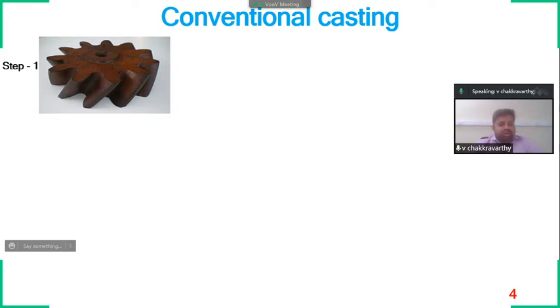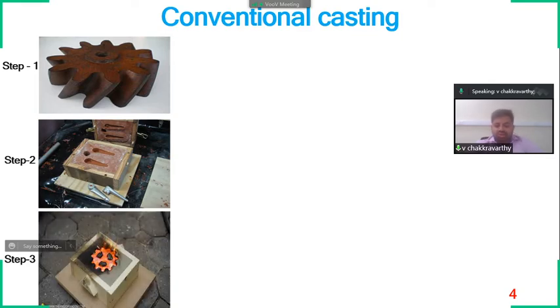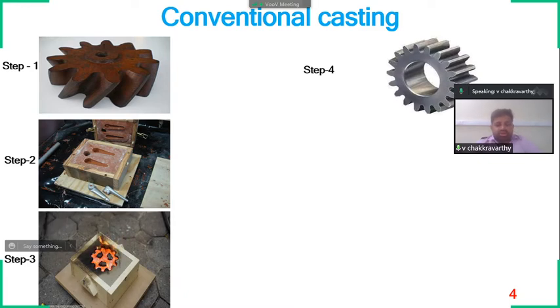While preparing the pattern, we consider many allowances into practice, such as taper allowance, distortion allowance, machining allowance, draft allowance, and shrinkage allowance. Considering all the allowances, we prepare a bigger size pattern. Once the pattern is prepared, we take the mold cavity, then pour the molten metal into the mold cavity, and at last we get a final casting.